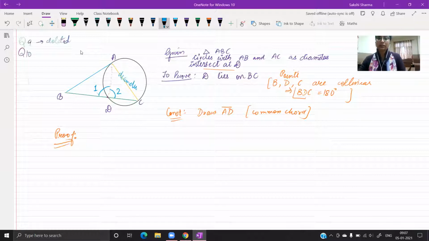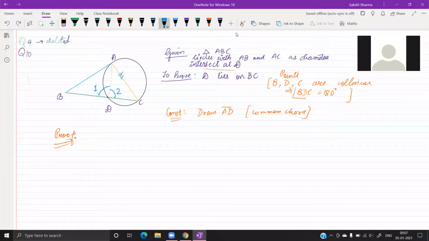And if AC is the diameter, angle 2 will be the angle in the semicircle and its measure will also be 90 degrees. So each of these angles is equal to 90 degrees. Together their sum will be equal to 180 degrees, which makes angle BDC equal to 180 degrees.